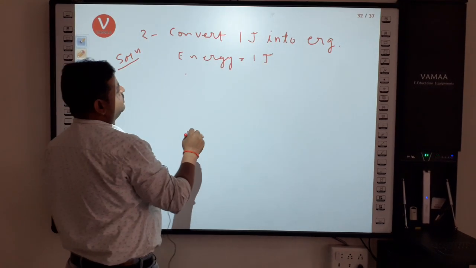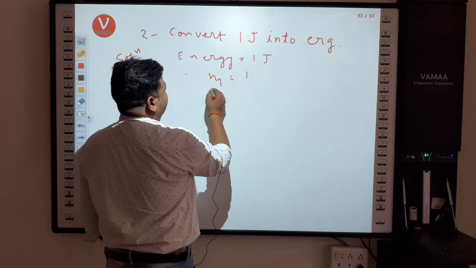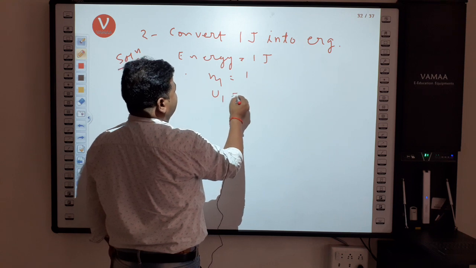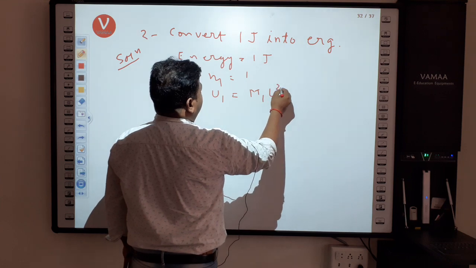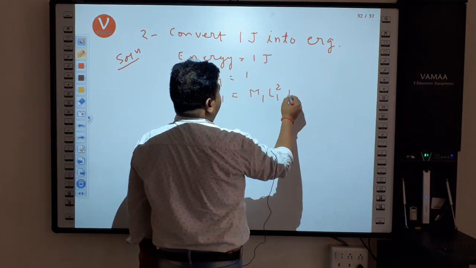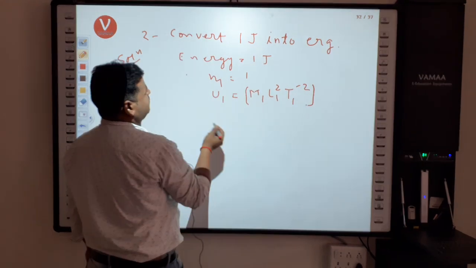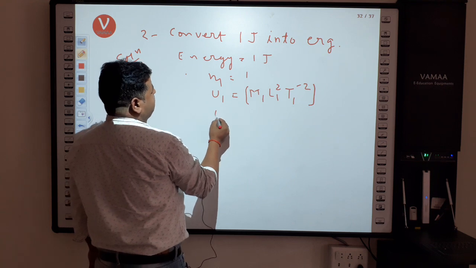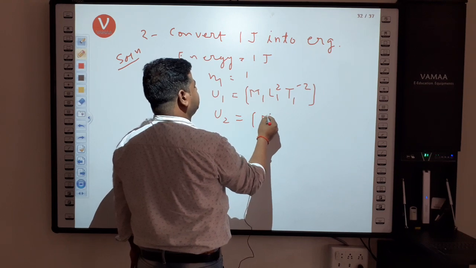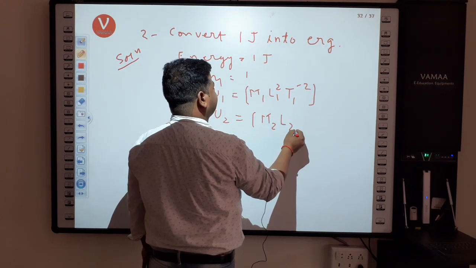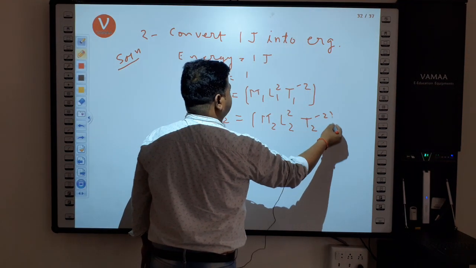We write the numerical value in the first system, that is 1, the dimensional formula in the first system, that is M1 L1 raised to power 2 T1 raised to power minus 2, and the dimensional formula in the second system, that is M2 L2 raised to power 2 and T2 raised to power minus 2.